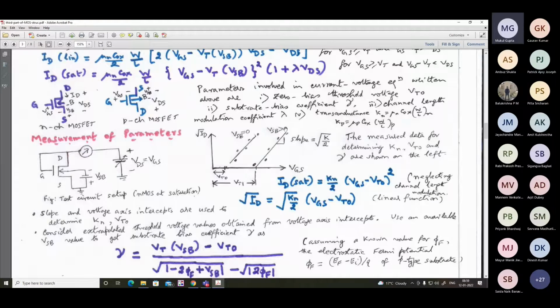Unless we neglect the lambda, we cannot measure the other parameters. For measuring the lambda, we need a slightly different setup where gate and drain are not shorted, because there you have the freedom to extend VDS much above VGS. But here, drain and gate are shorted, so always VDS equals VGS. You cannot go away from that, right?